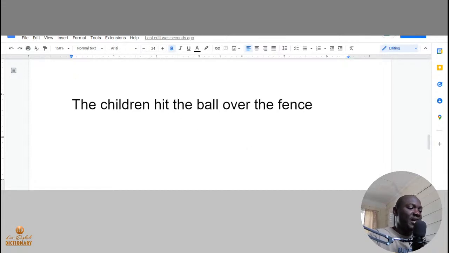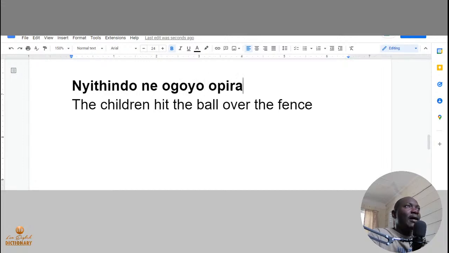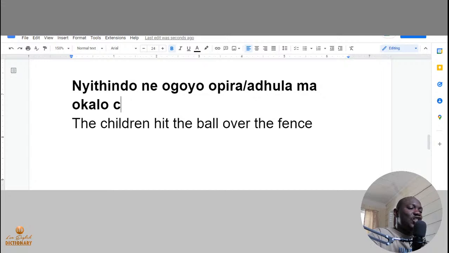The children becomes nyithindo. The children hit the ball. Because it's past tense, we shall say ne ogoyo opira. Now, there is another word for mpira. It is called adula. Ne ogoyo adula ma okalo chiel.